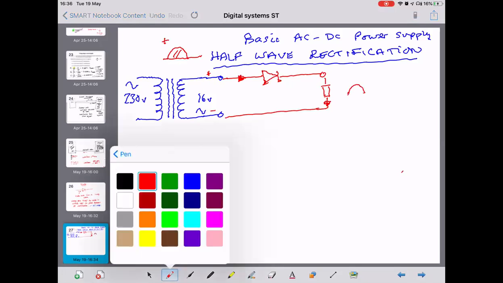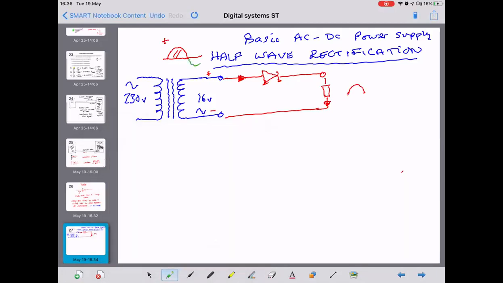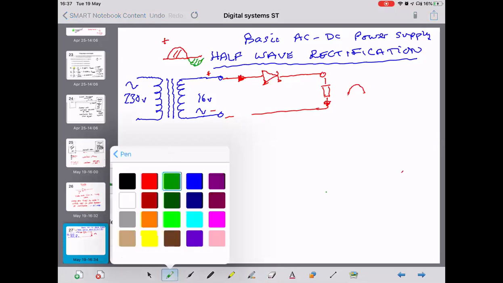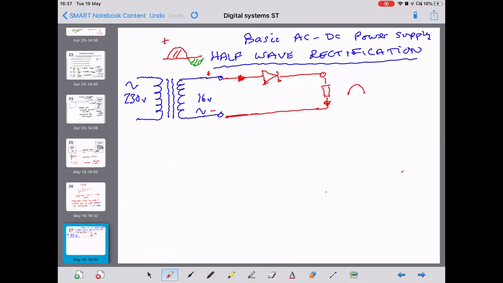In the negative half cycle, in green, we're trying to send current in this direction, but the diode won't allow it. So we don't get any current in the green half, and we lose that half of the AC cycle.